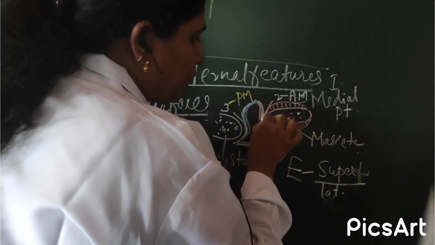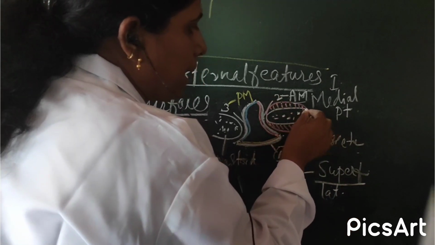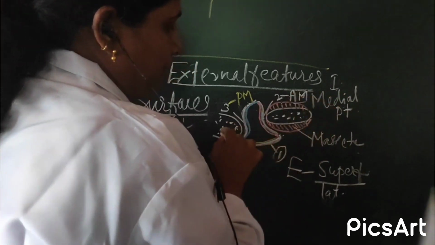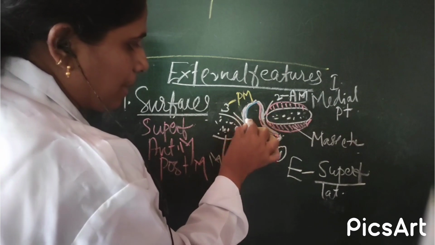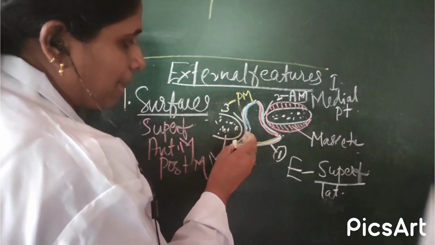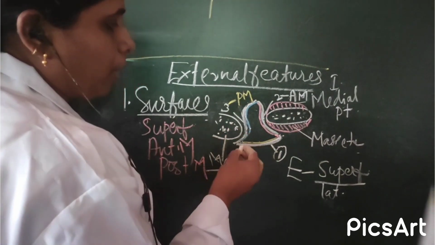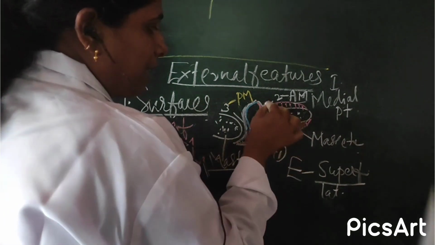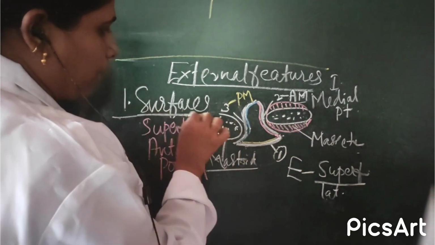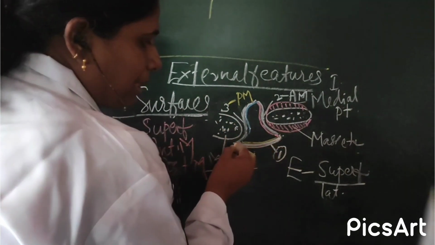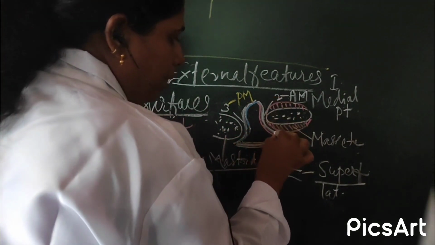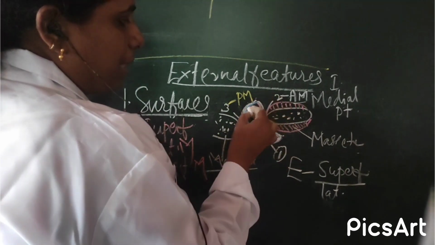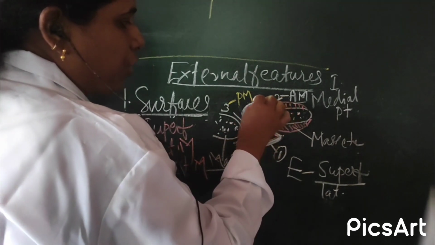The surface presenting towards the ramus of mandible is the anteromedial surface, and the part presenting towards the posterior aspect, towards the mastoid process, is the posteromedial surface. So these are the three surfaces of the parotid gland: superficial, anteromedial and posteromedial.